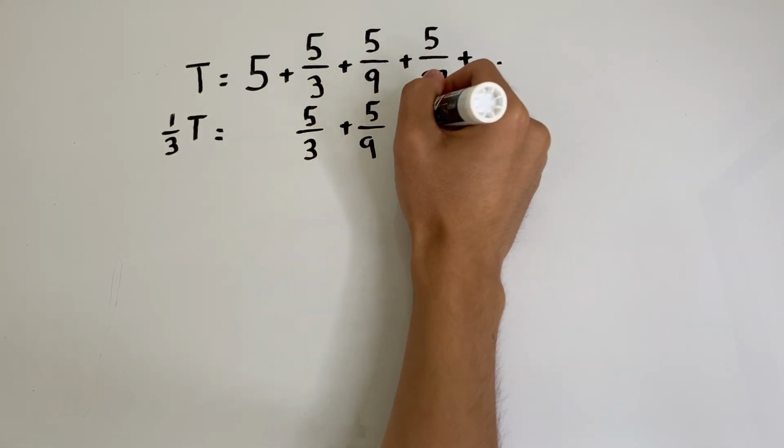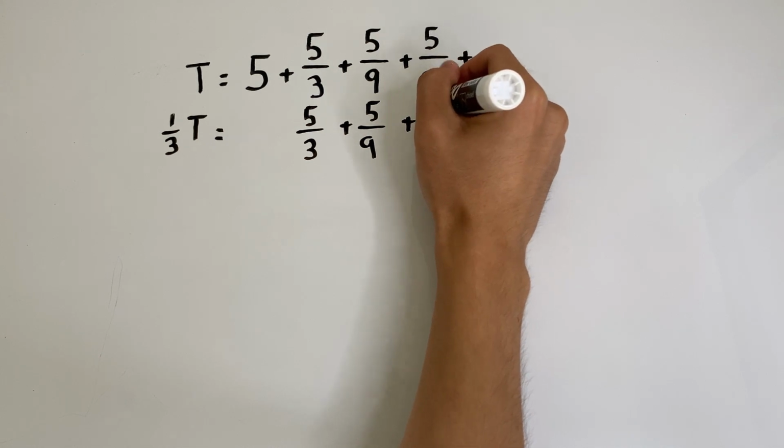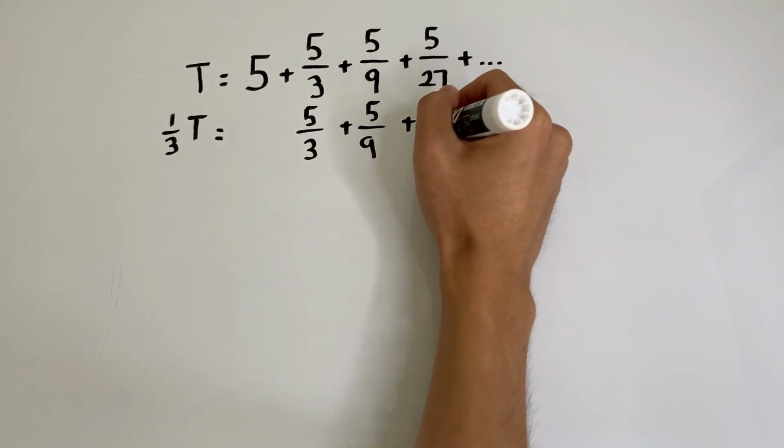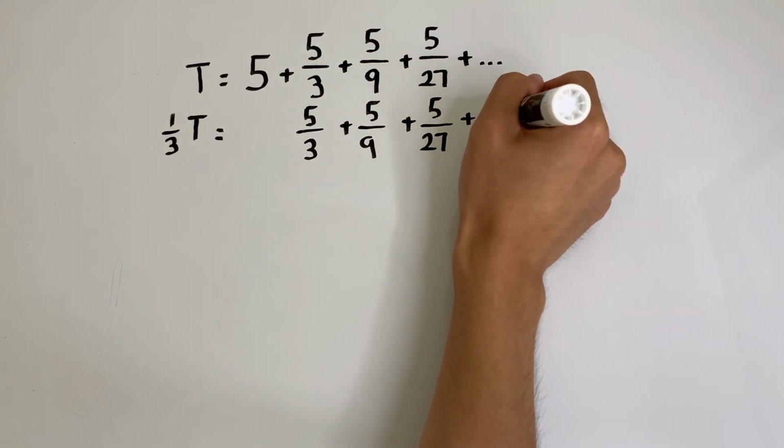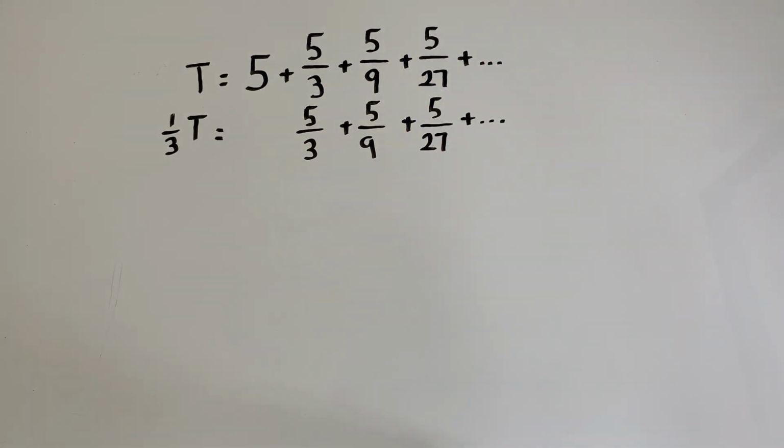Starts with 5 over 3. We get 5 over 9, 5 over 27, and it just continues. And now we can take these two series and subtract them.